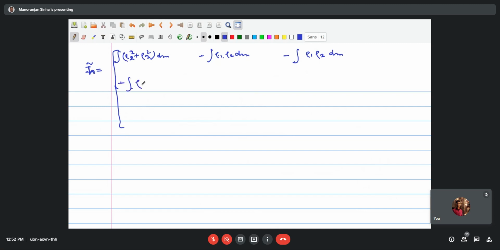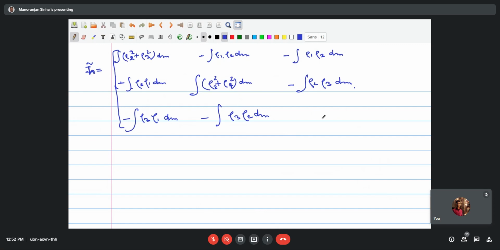This part will be again minus rho 2 rho 1 dm, this becomes rho 2 square plus rho 1 square plus rho 3 square dm, and on this side you have rho 2 times rho 3 with minus sign dm. So this way we have to complete it. So this will be rho 3 rho 1 dm with minus sign, and here we will have rho 1 square plus rho 2 square dm.